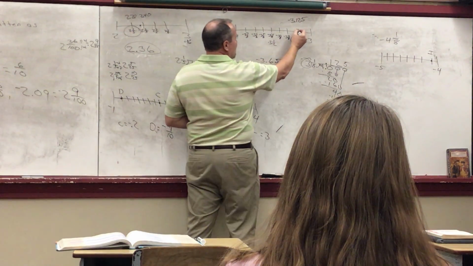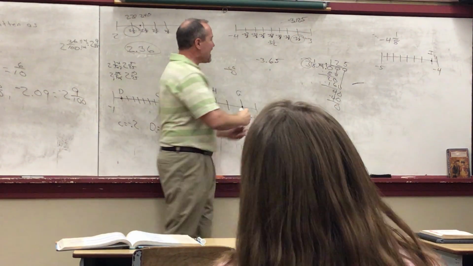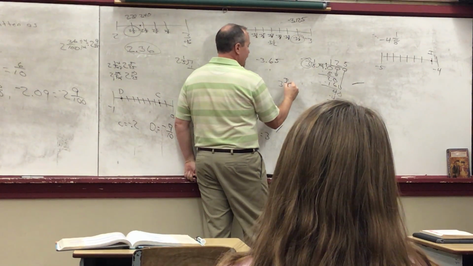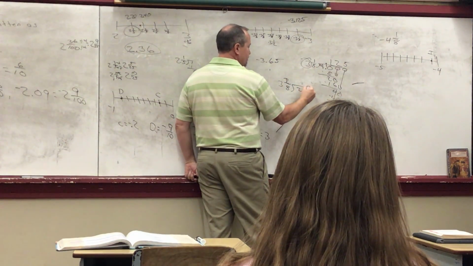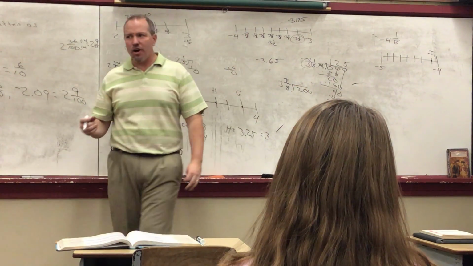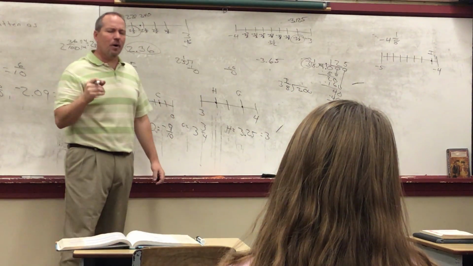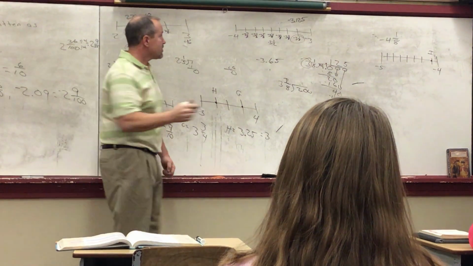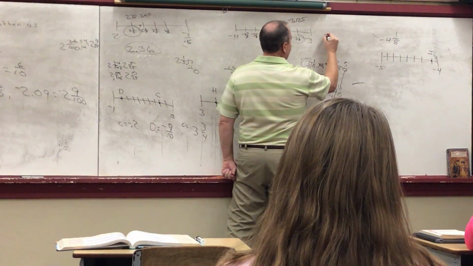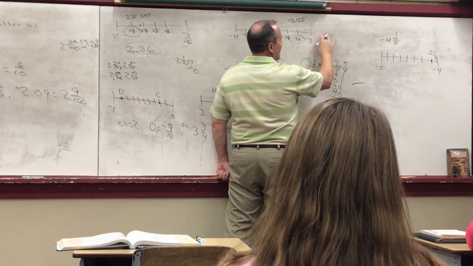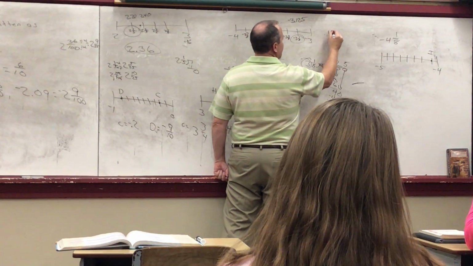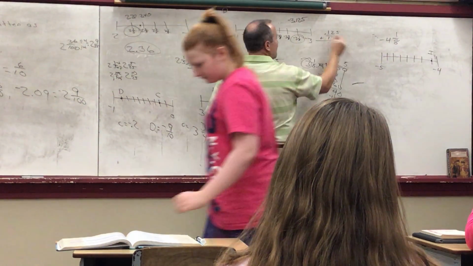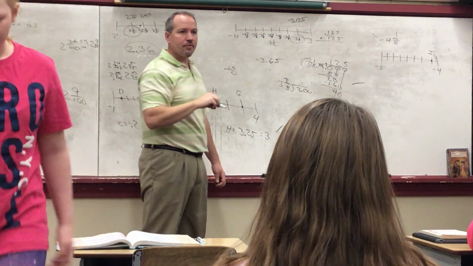So, to go from here to here, I could change the fraction to a decimal. I could change the 3 and 2/8 to a decimal. Or, I could simply do what? Add 125,000. I'm going to take this -3. I'm going to have to worry about the negative. I'm going to take the 125,000 and I'm going to add another 125,000 to it.